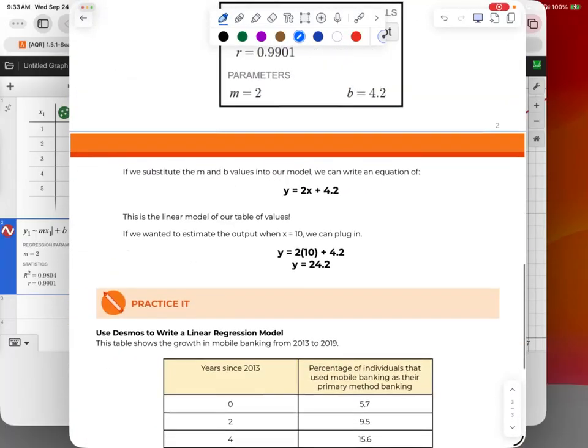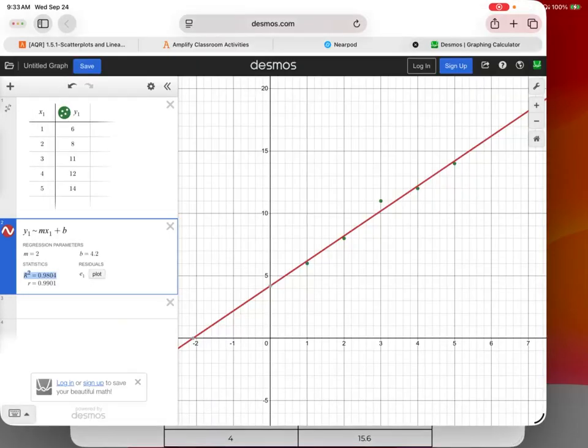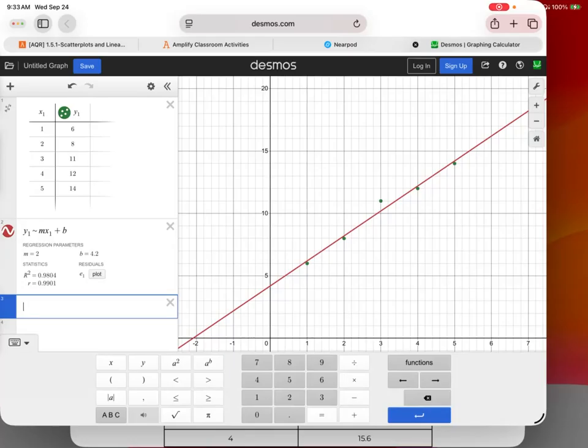Now, I want to plug in 10. The question says, how much money do I have in year 10? Well, we now have an equation, right? So I can plug it in. I can let Desmos do my math.